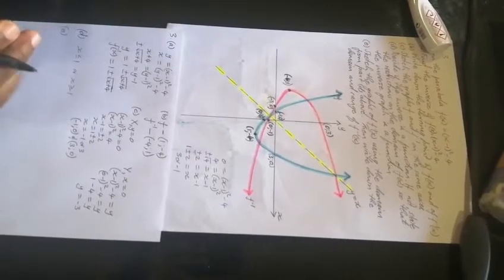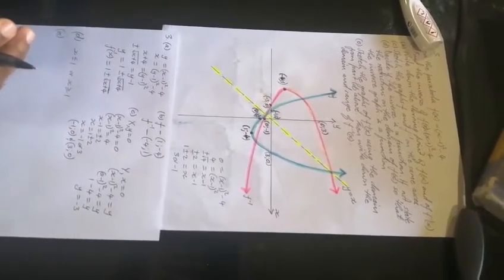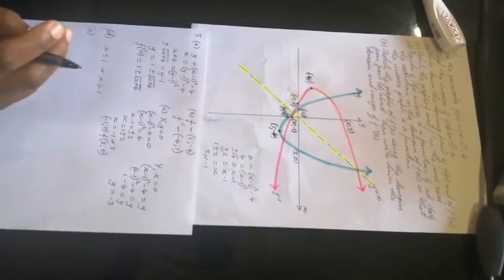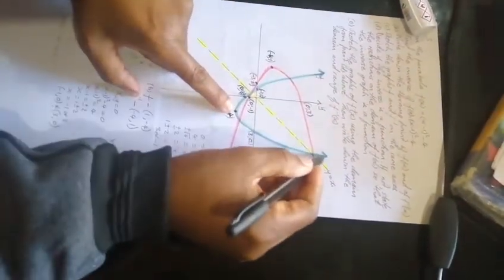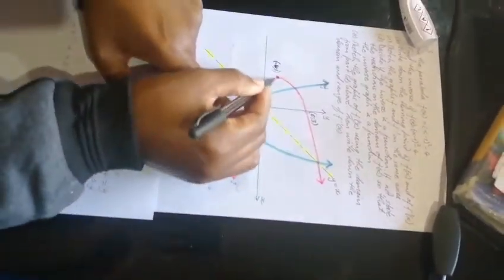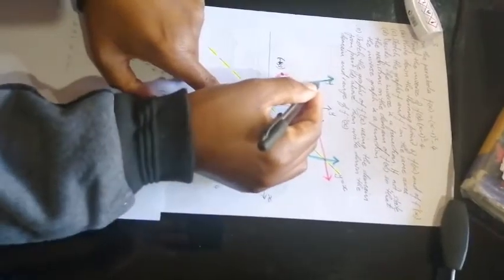Let's move on to part E. Sketch the graphs of f inverse using the domain from part D above, then write down the domain and the range of f inverse. It's already drawn for us. In actual fact, we are saying we are taking this part and we draw this part only. We leave this, we leave that.